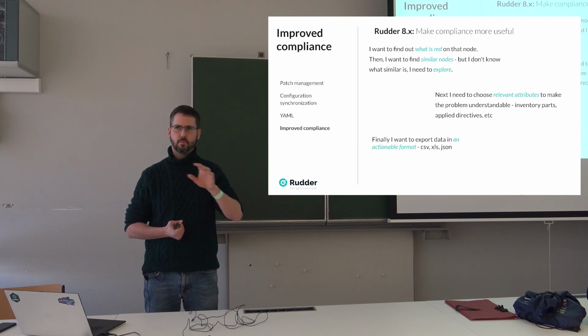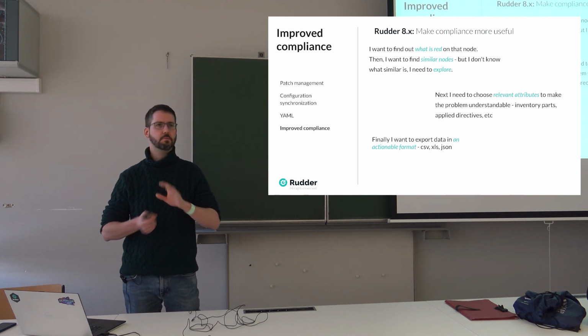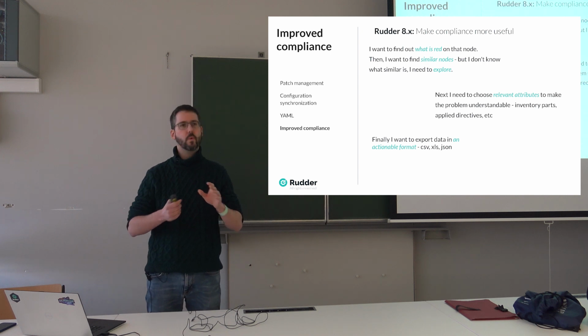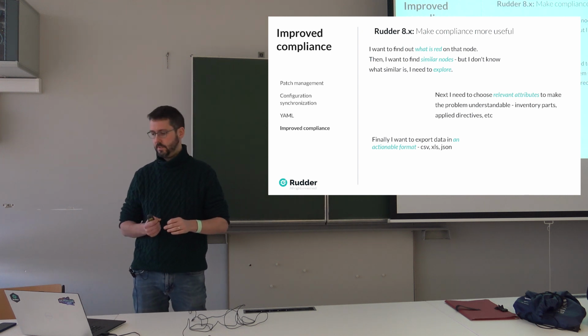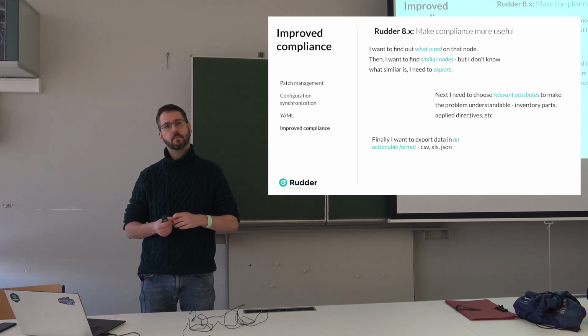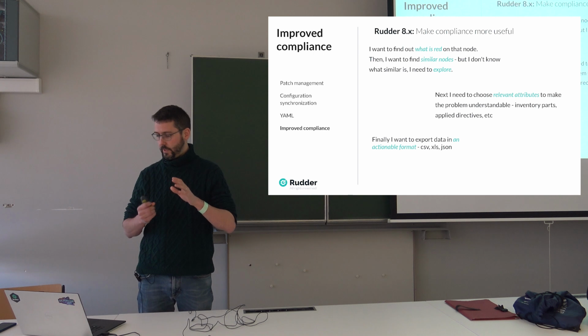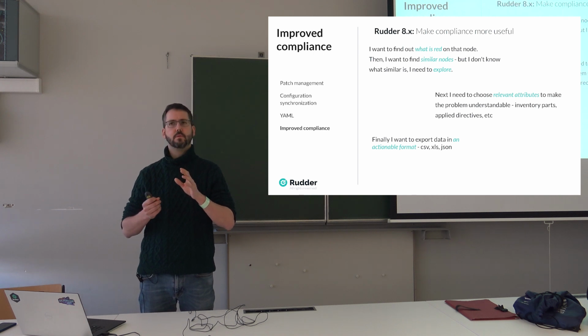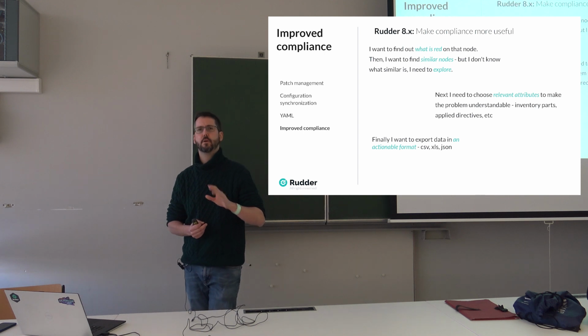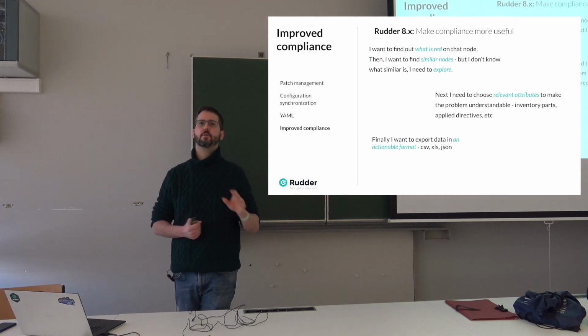I don't know how we can find similar nodes or how we can define it. We will explore it, and we will see what the differences are between these systems. And then we will look at the attributes to match this system with the others and see if there is a common point between every system that is non-compliant.